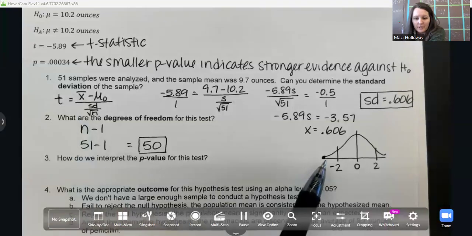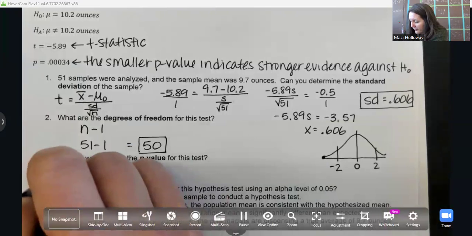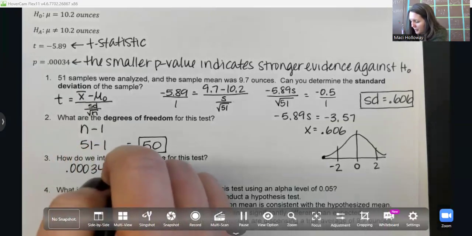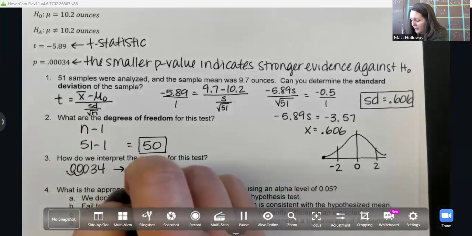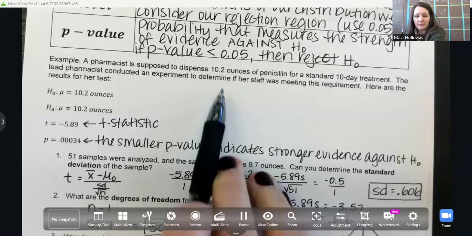So think about that. We know that it's in our rejection region, but we also know that it's very far into our rejection region because the p-value is 0.00034. If we change that to a percentage by moving the decimal twice, it's 0.034%. And it has to be anywhere less than 5, right?